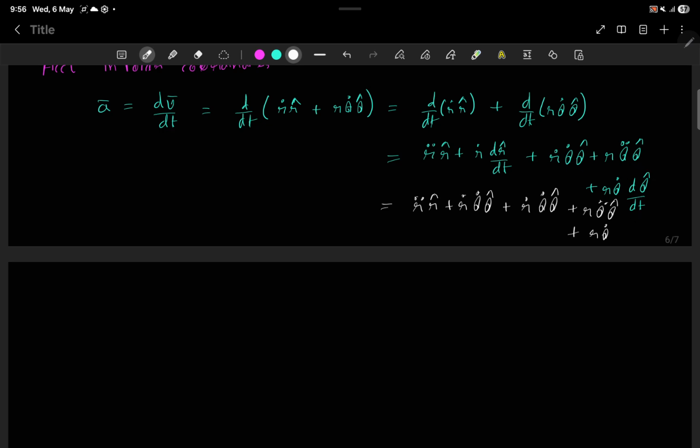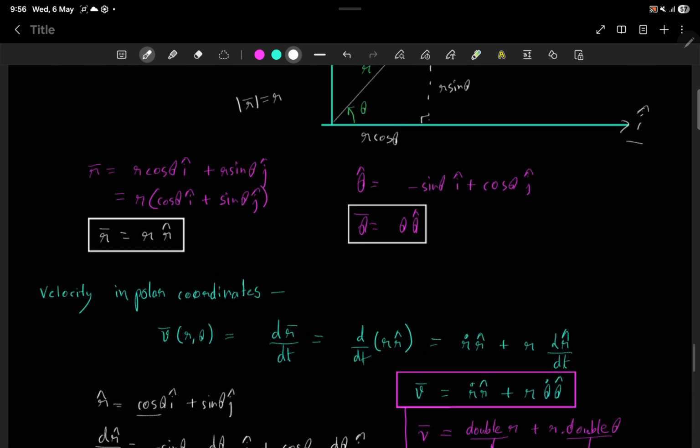Now what is d theta cap by dt? Let us calculate this. What is theta cap? Theta cap was this one, so d theta cap by dt was cos theta i cap, minus sin theta j cap, times d theta by dt.